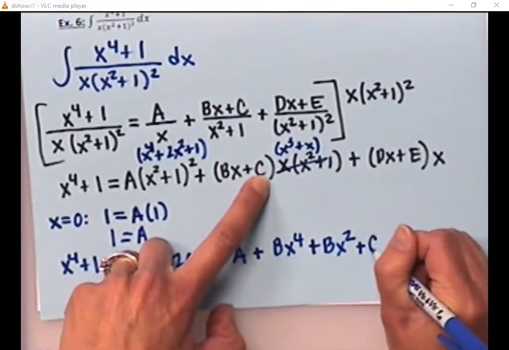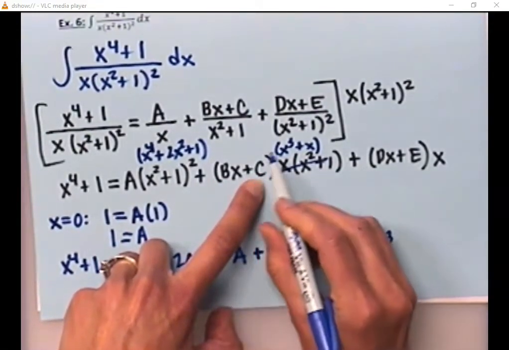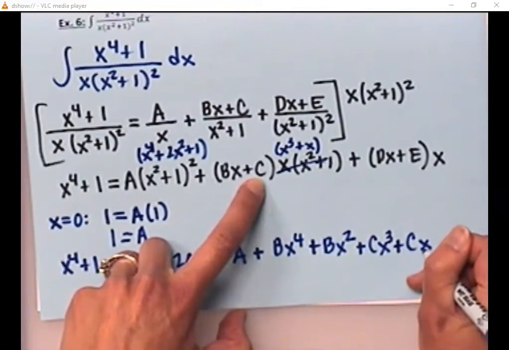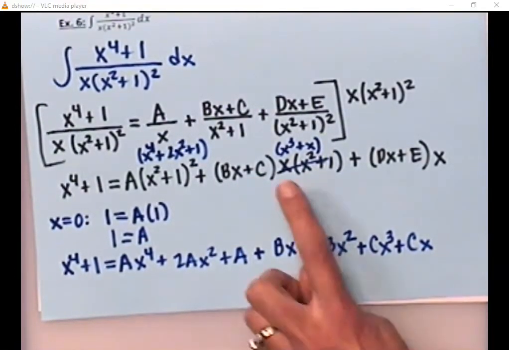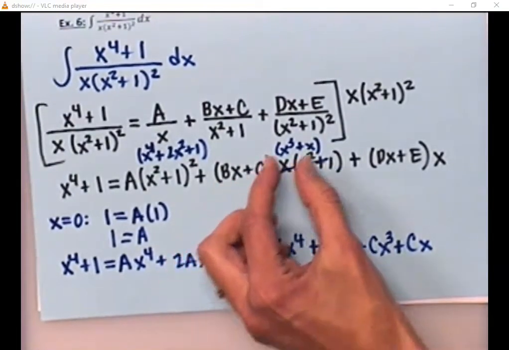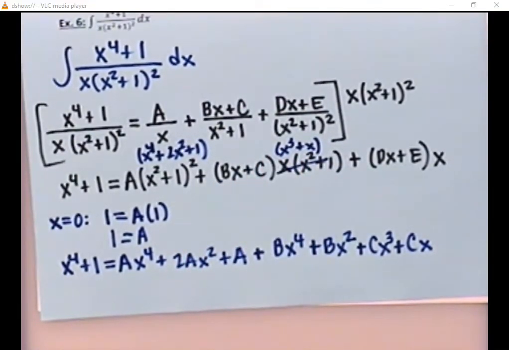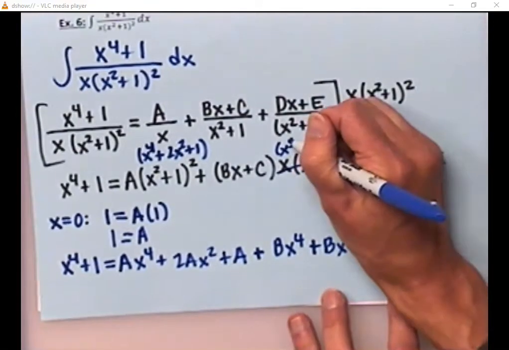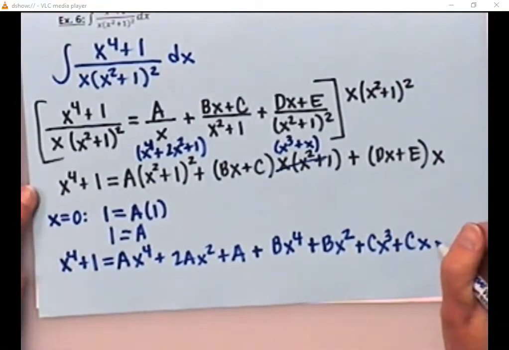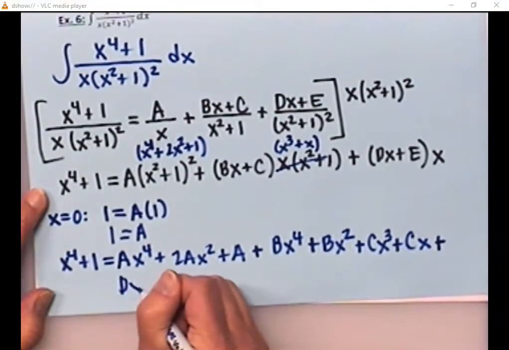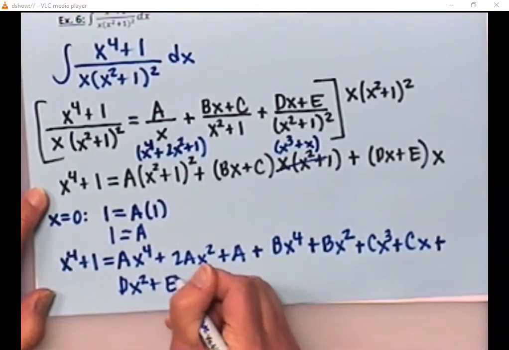Inside terms cx cubed. And then a c times x. Okay, so I distribute the x first, and then these two I just FOILed. Oh golly, that's getting long, right? Okay, at least the last one's easy to distribute. That's going to be dx squared plus ex.